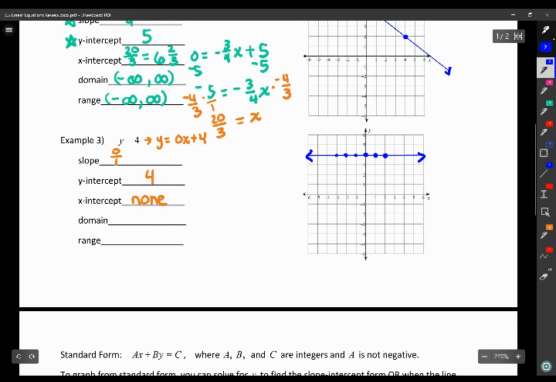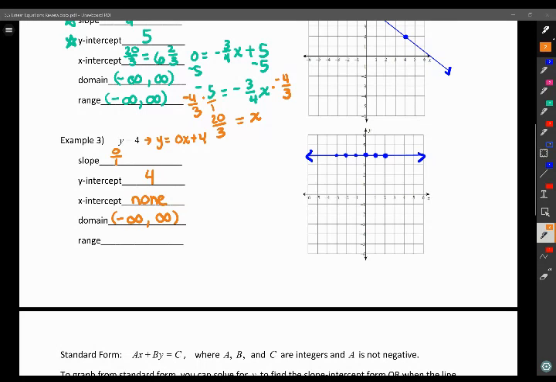That's why there's none. Domain, notice that your domain then would be negative infinity to infinity because your x's are going on forever. But your y's are not. Your y's are bounded, which means there's only one y value. And your y value is 4. Okay.